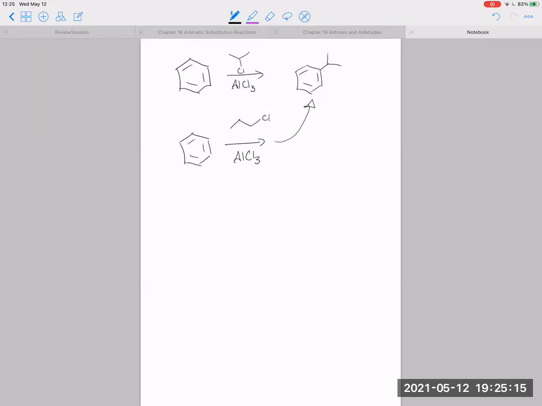So actually both of these alkyl chlorides would end up giving us the same product because of that potential for a hydride shift, right? Methyl carbocations don't like to form. So in both of these cases, you would get this particular product. All right, so just something to have as an asterisk in your mind: hydride shift may occur.